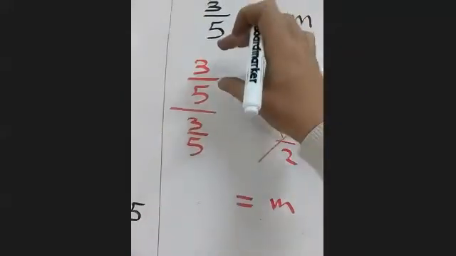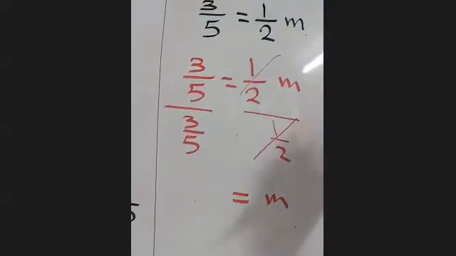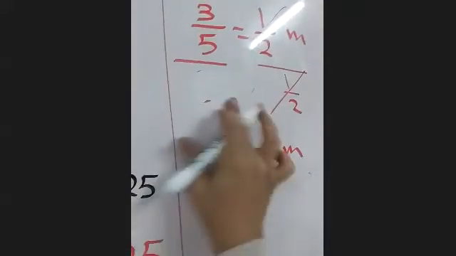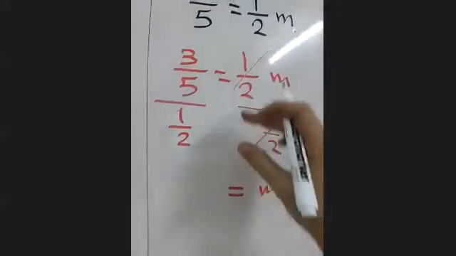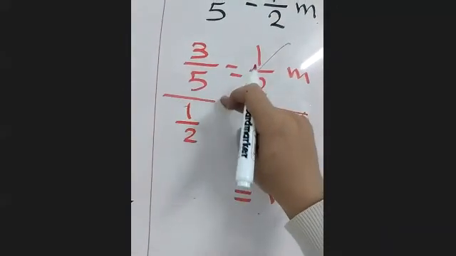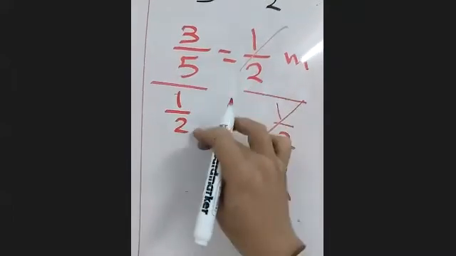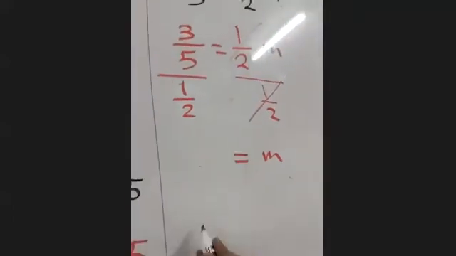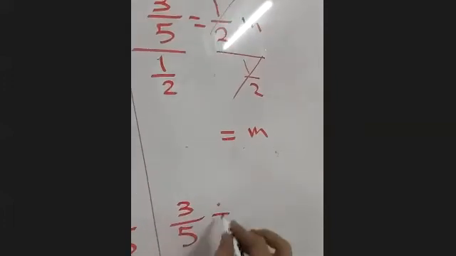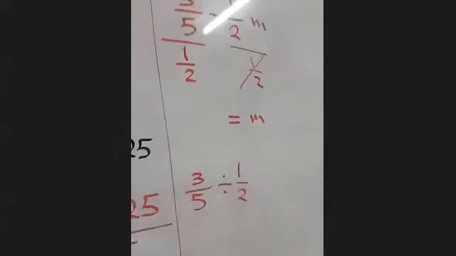Now I will divide 3 over 5 divided by half. I will do it on the side: 3 over 5 divided by half.